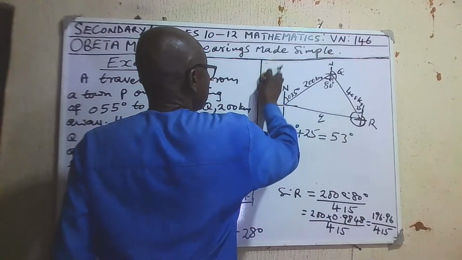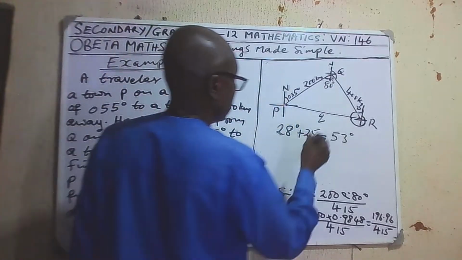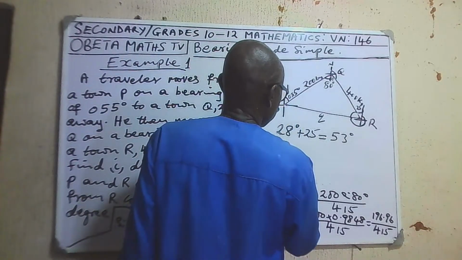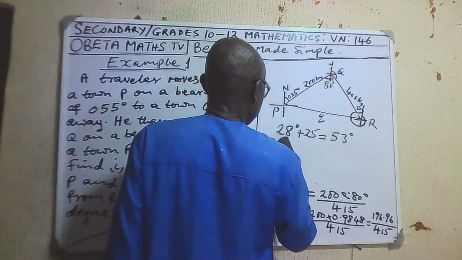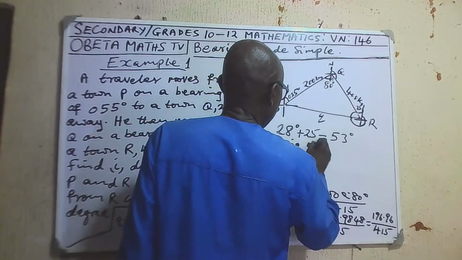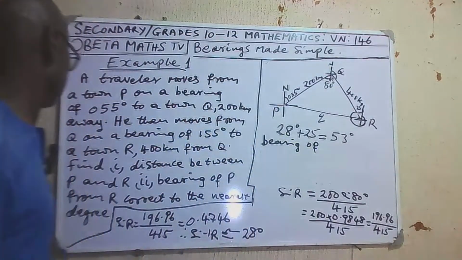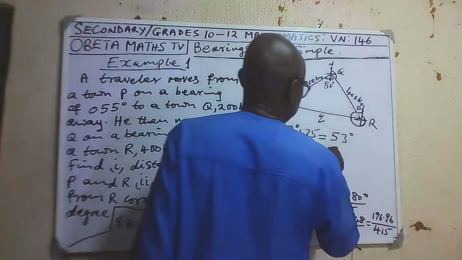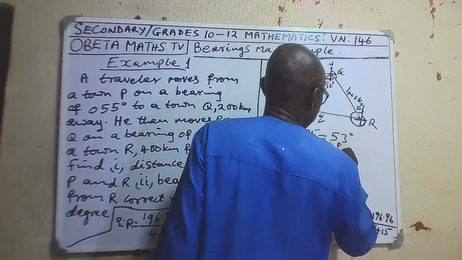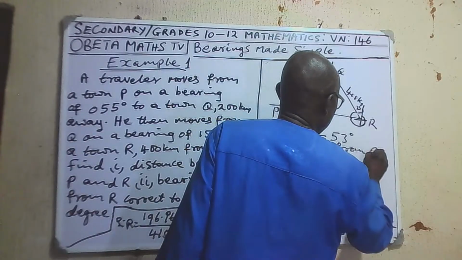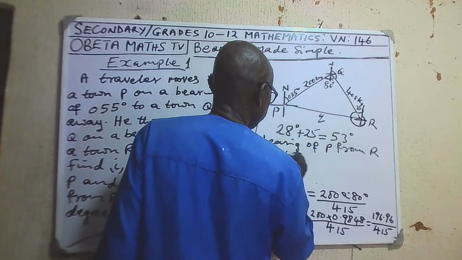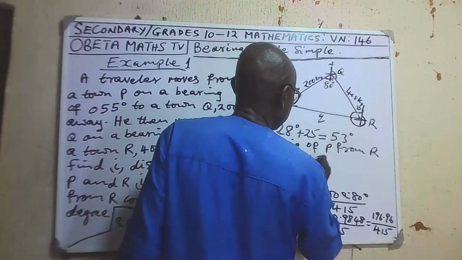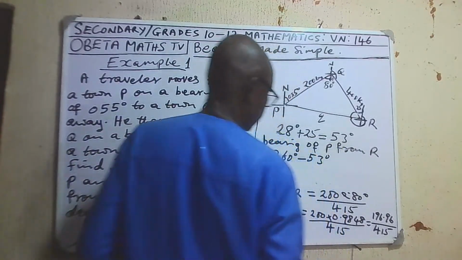So, in order to move on, we can say that the bearing of P from R is equal to 360 degrees minus 53 degrees.